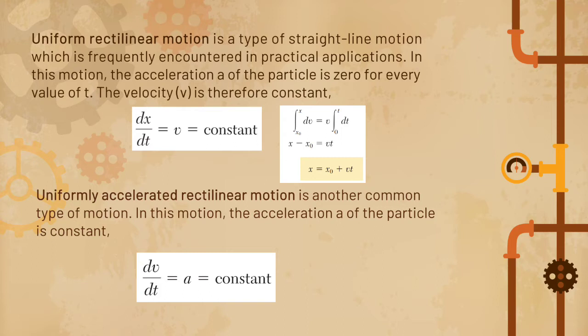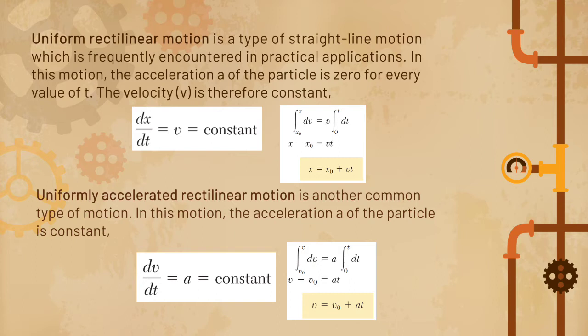Uniformly accelerated rectilinear motion is another common type of motion. In this motion, the acceleration of a particle is constant, in which dv over dt is equal to a, a constant. The velocity of the particle is obtained by integrating this equation. So the equation becomes v is equal to v sub 0 plus a times t, where v sub 0 is the initial velocity.